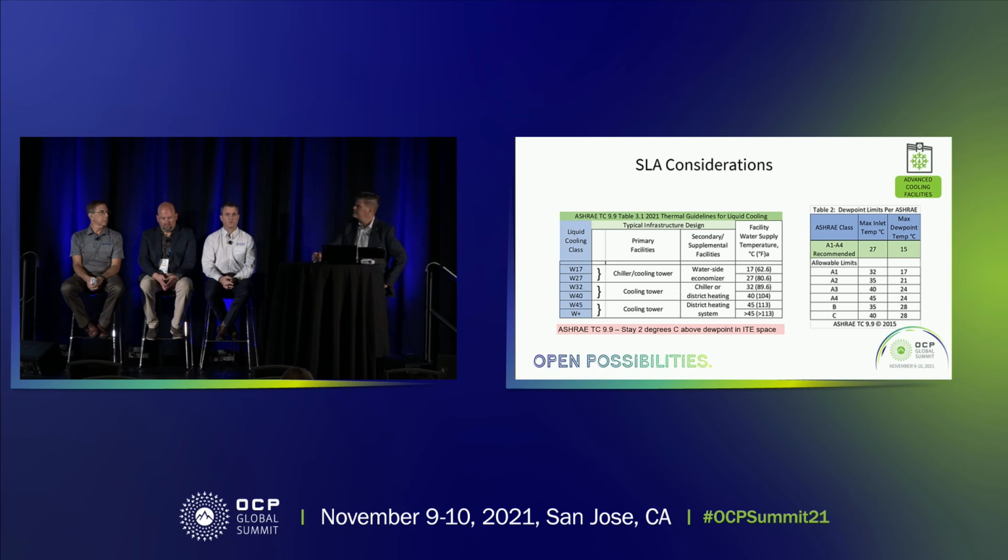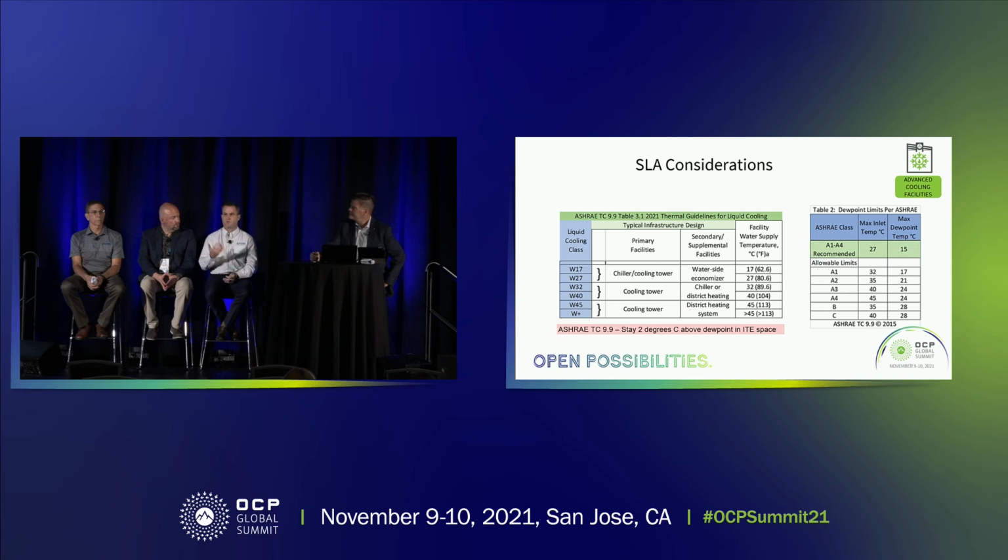There was a need for a temperature class around 40 degrees centigrade, and that fell between W3 and W4. So the first question that came up is, what the heck do we call this thing? W3.5? That sounds kind of silly. So by changing to this standard nomenclature, it allows us to add and subtract W classes as the industry evolves, because I think we can all agree we're in a very dynamic portion of the lifespan of this particular industry.